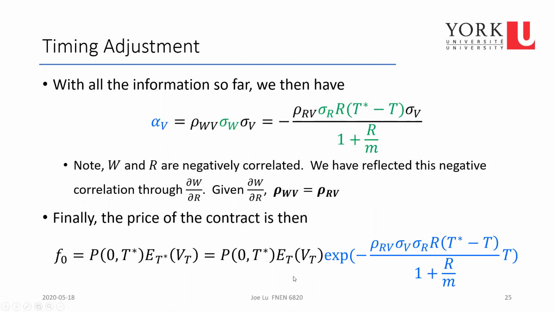So we can just plug in that and say, okay, if we need to change numeraire, so we have to adjust, to get this particular thing, where we take expectation of VT, but with the numeraire that is a zero coupon bond maturing at T star, we can use this expectation, but adjust it by this drift change, which is e to the power of this thing we derived. So basically e to the power of alpha V.